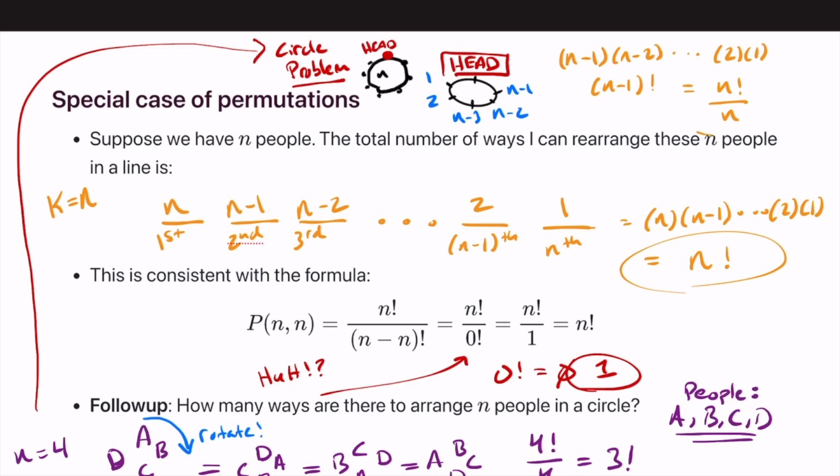And that's how many rotations we can make for this problem with a fixed person at the head of the table. Because just like the deck of cards, we select one person to sit at the head, and that's done. And then from there, we can select from the remaining people a person to sit in that chair, and we can do this over and over again.